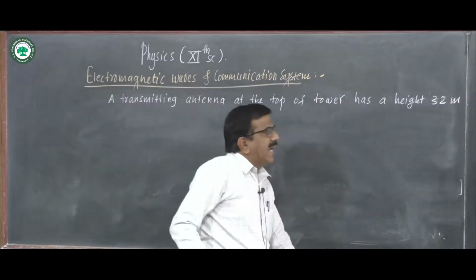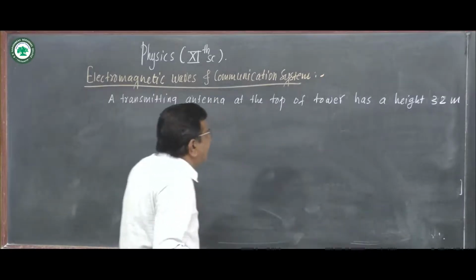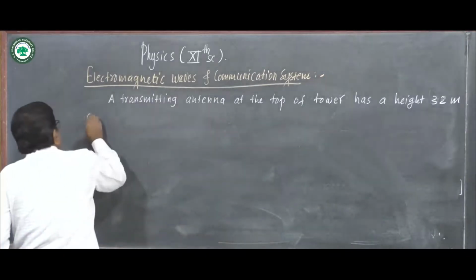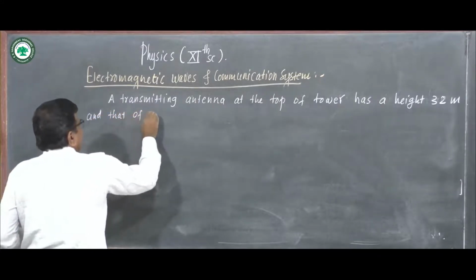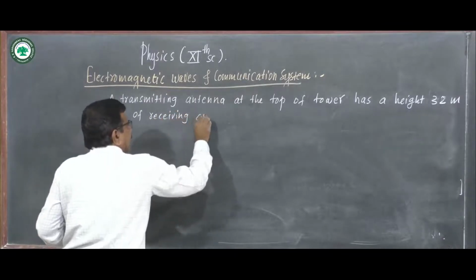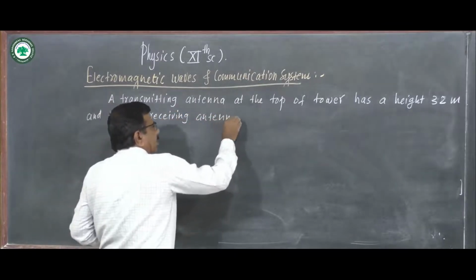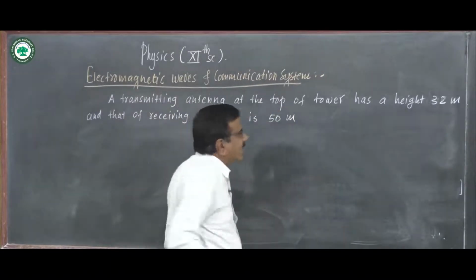Height of the transmitting antenna is 32 meter, and that of receiving antenna is 50 meter. Height of the two antennas are given.